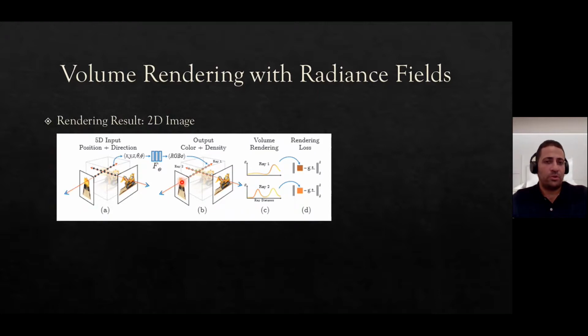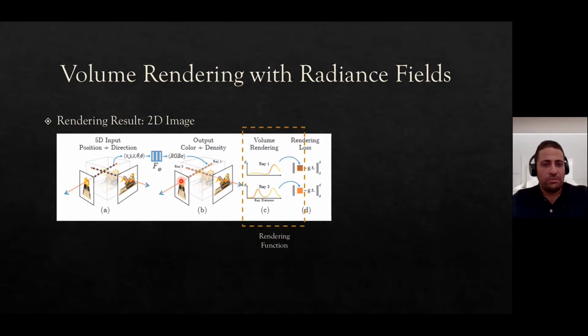What would be the color of this pixel for this ray, which is the result of this ray? This is the volume rendering, the rendering function that we mean. For a given ray, we need an output color, because this ray on our rendered image would represent one pixel.